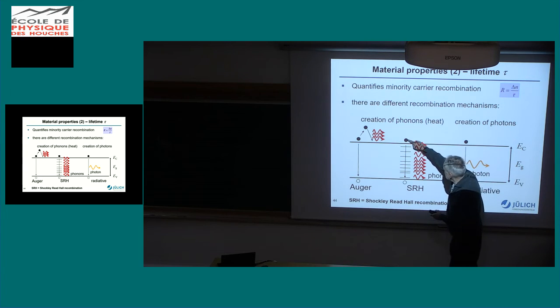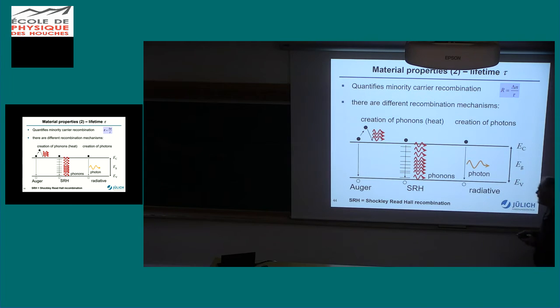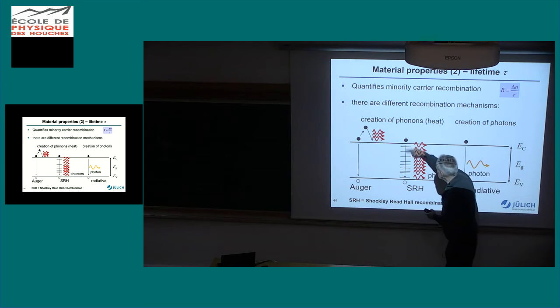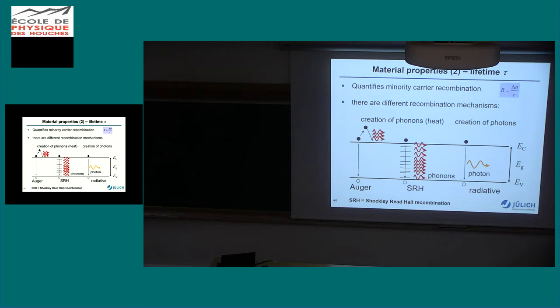The electron can sit on that point, or go there first before doing the next step, so it makes a little pause in between. That implies that in the first step you need fewer phonons, and in the second step you also need fewer phonons at the same time. You share this big amount of phonons in two portions, and that increases the probability of this effect.